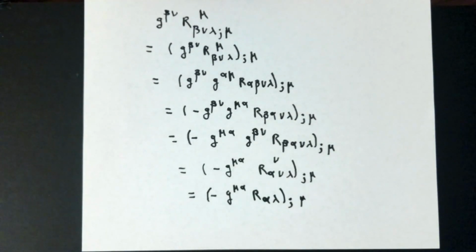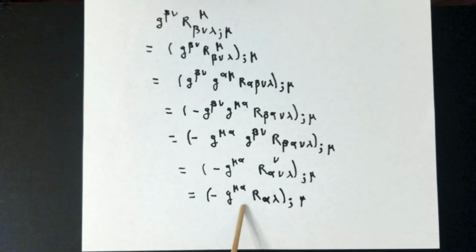But because of the way we raise and lower indexes, g beta nu R beta alpha nu lambda is the same thing as R nu alpha nu lambda, and by being very sneaky, the upper index and the middle index on the bottom are the same, so this is an index of summation. R nu alpha nu lambda is the definition of component alpha lambda of the Ricci tensor.